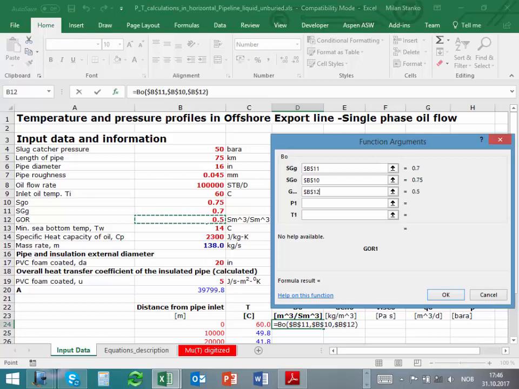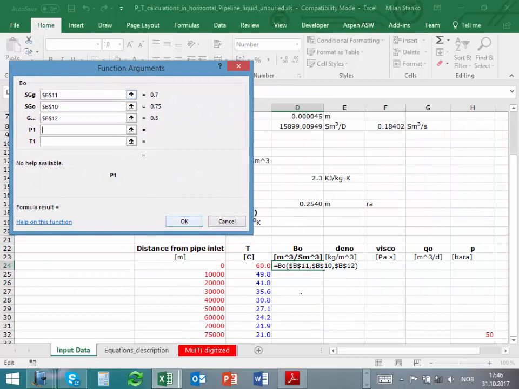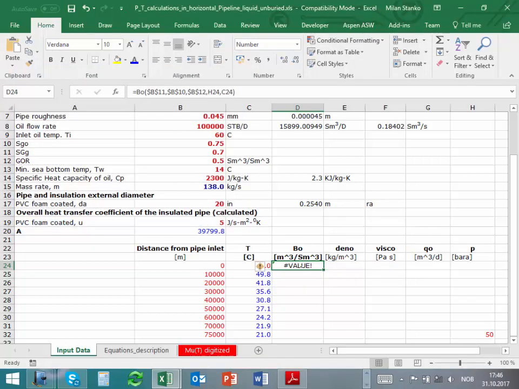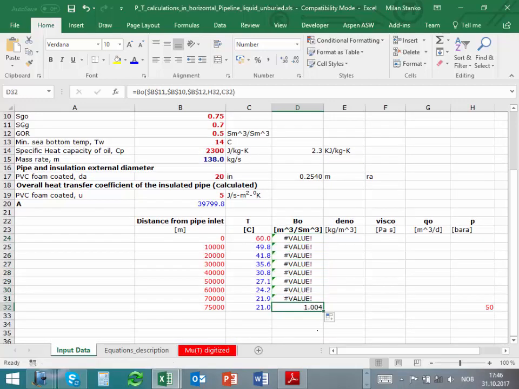Also block it. The pressure, here I have a problem. The pressure should take the value from here, but it's going to be empty for now. And the temperature, I do have the temperature luckily to the left, and I click OK. And of course, it gives me an error because I don't have a pressure yet, but it should give me a value for the first point.